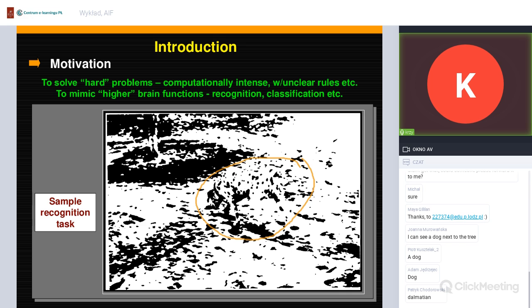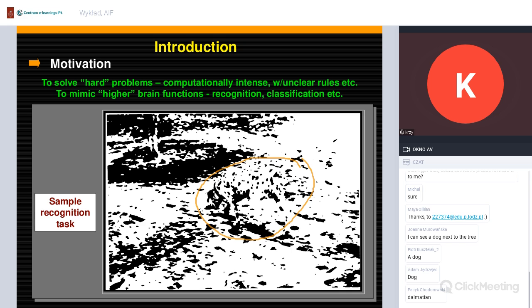We are good at recognizing images of this kind. We are good at recognizing speech. If you would like to see how a computer sees speech, you will notice that the same word uttered by the same person never looks the same. Yet we are able to understand it.